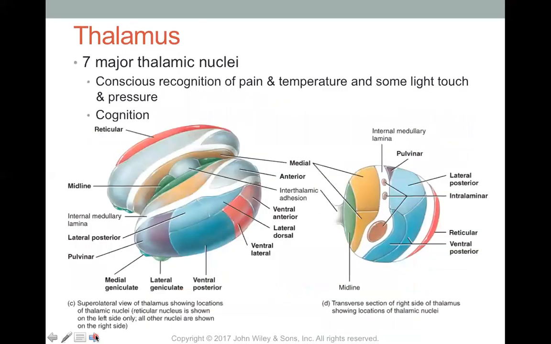There are 7 major groups of thalamic nuclei on each side, and these 7 major thalamic nuclei are going to help with conscious recognition of pain and temperature, as well as with some light touch and pressure, and then of course with your cognition, so that you will know what is occurring and what's going on.